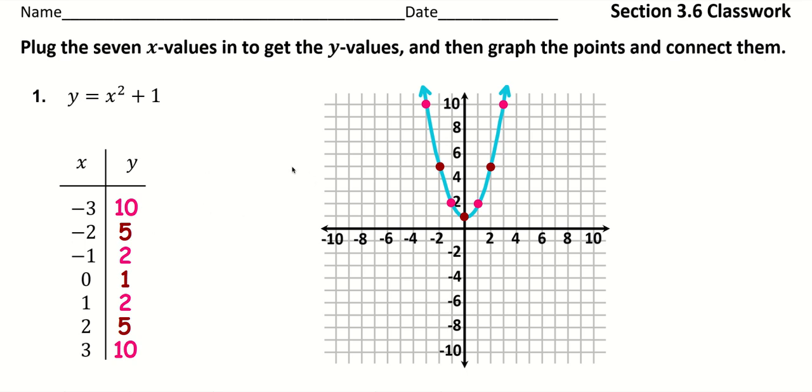If we ended up talking about the overall domain and range of this relation, which is, by the way, also a function, you wouldn't just go by what you randomly put in a table, because there's an endless number of values in our domain. Technically, it's any number you want, so all numbers are in our domain.